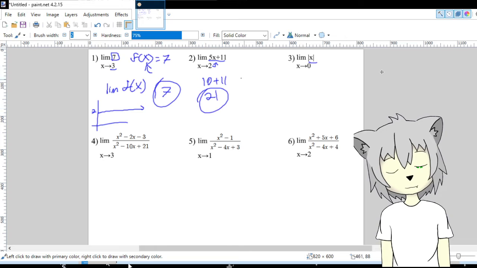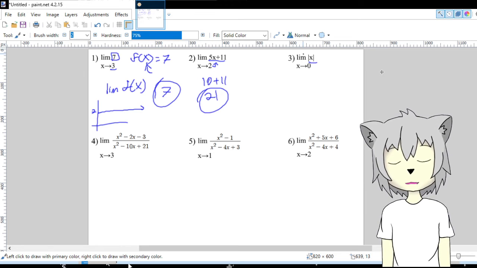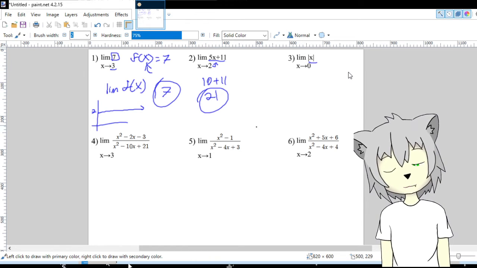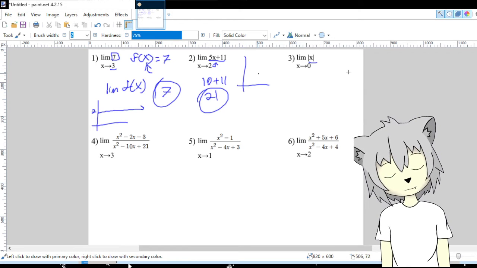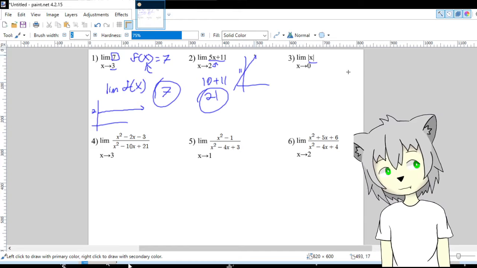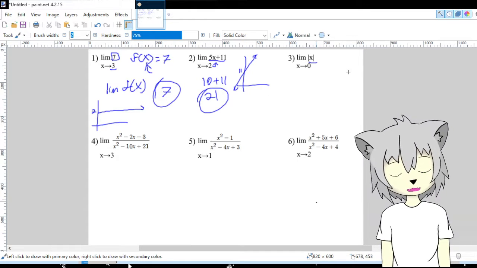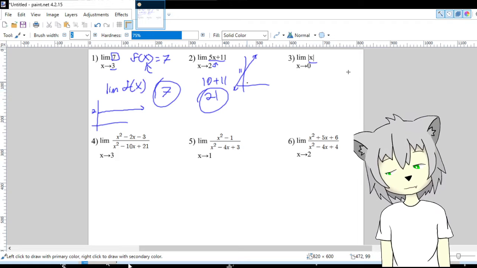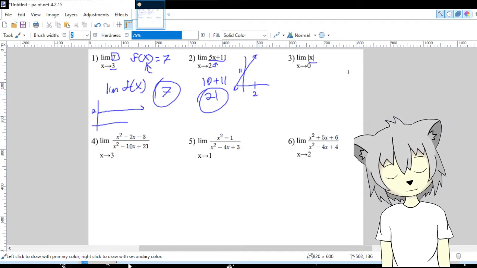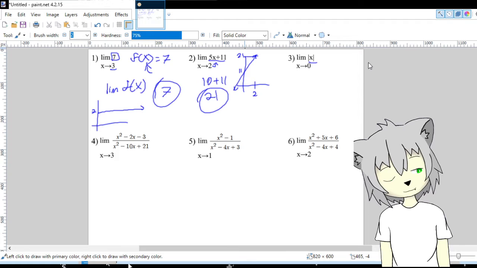That's the answer right there. You can literally just plug in whatever number you want. The graph starts at 11 here, and then it's a really steep line, and at 2 it's 21.